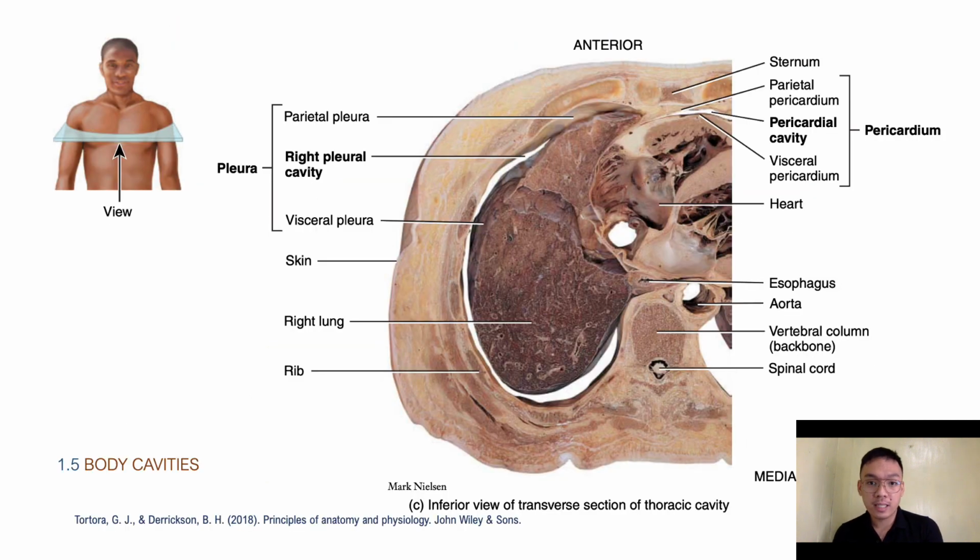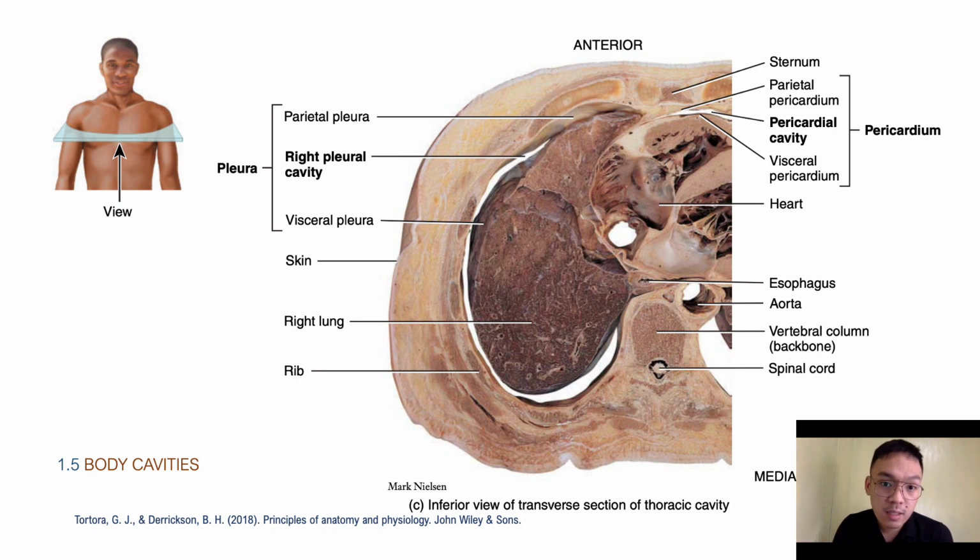This is a more detailed, inferior view of the dissected portion of a transverse section of your thoracic cavity. Here is the sternum, which is the bone, parietal pericardium. This is your pericardial cavity, your visceral pericardium, and the heart. That comprises again the pericardium.